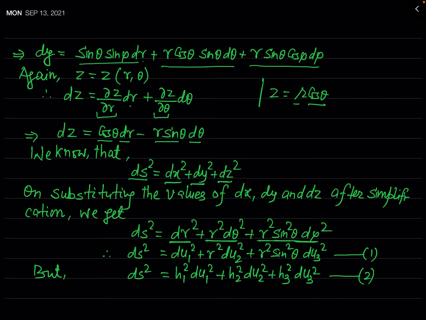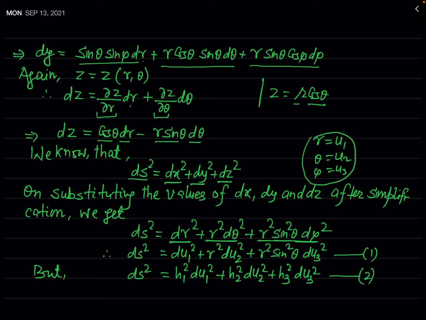I am again saying that I have not done those algebra steps, but you should try yourself and then you will get this result. As we can see, we have treated r as u1, theta as u2 and phi as u3 in terms of the symbols of the general orthogonal curvilinear coordinate system.